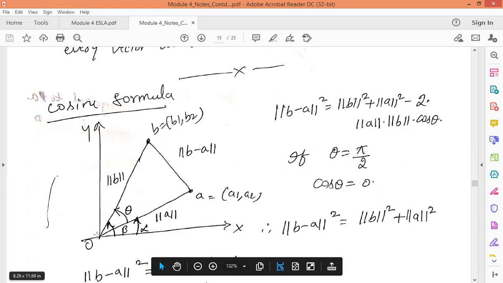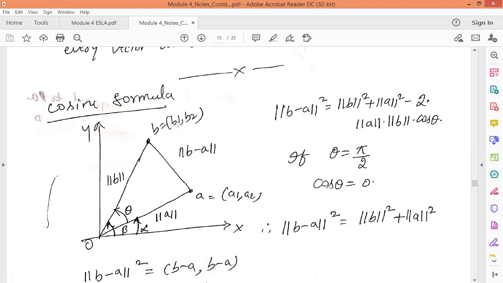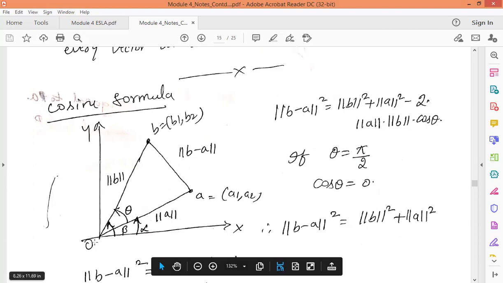Similarly, consider the second vector B, located at the coordinates B1, B2 with respect to the origin, and the corresponding length is denoted as B. This B makes an angle beta with respect to the x-axis.